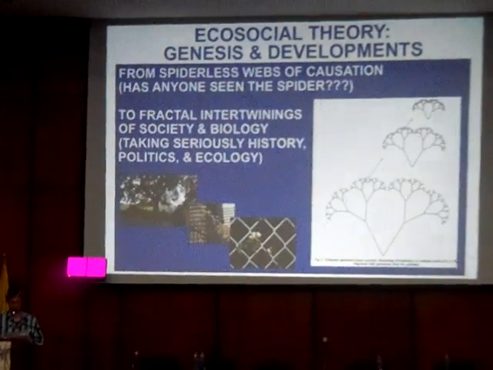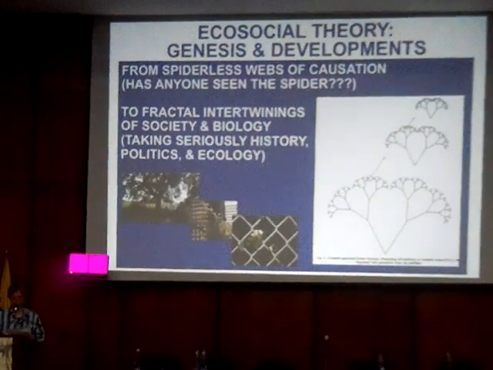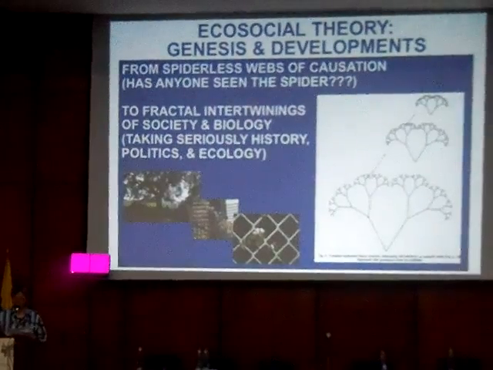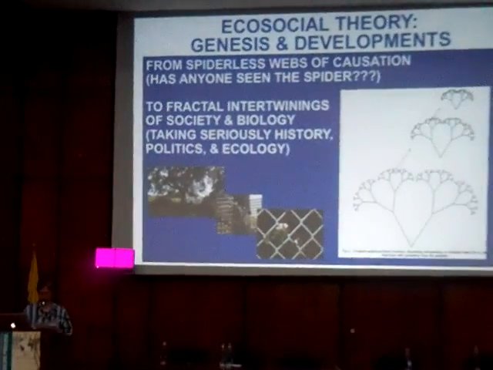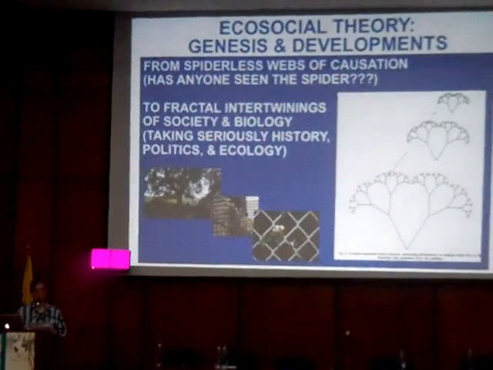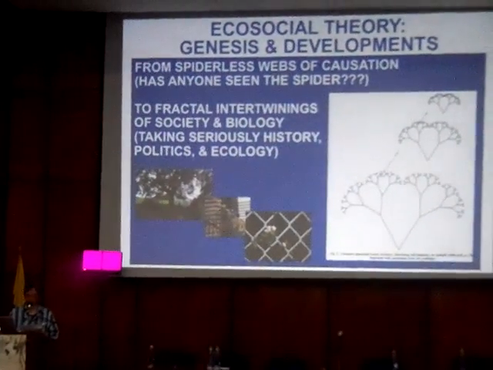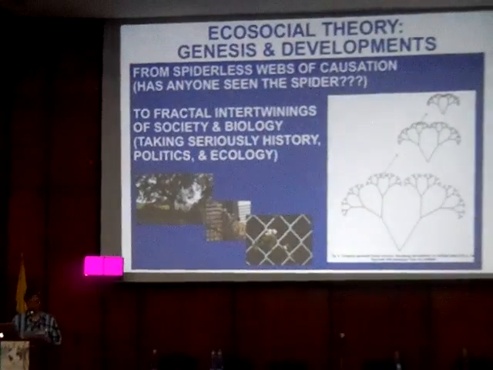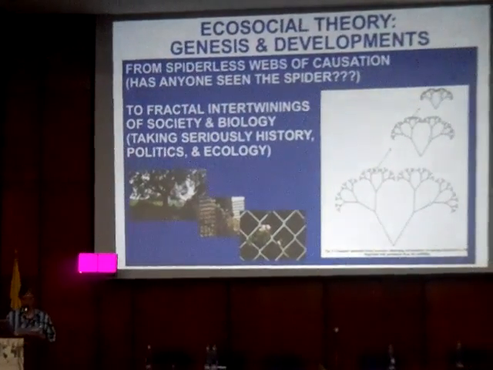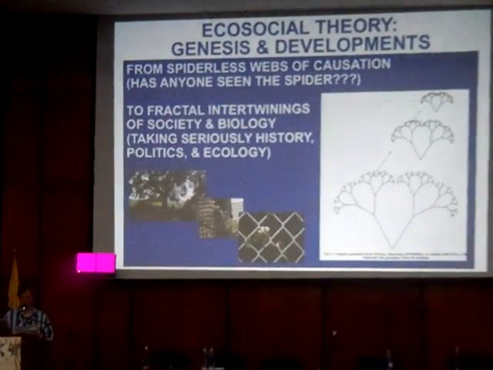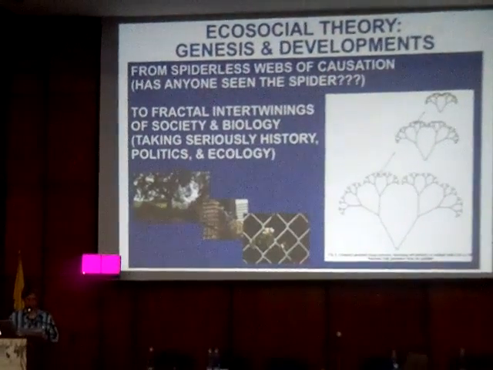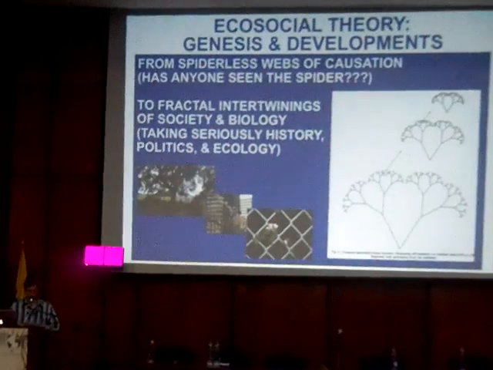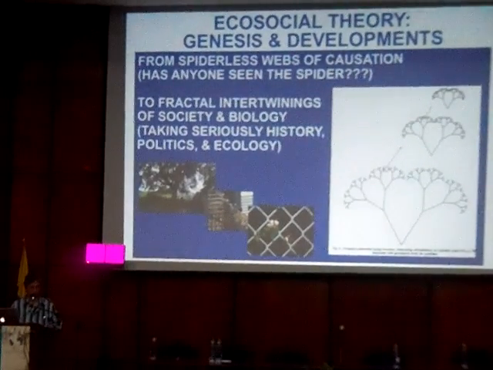The metaphor of the spiderless web of causation set thoughts in motion, and I soon worked my way beyond thinking just about spiders to thinking about how to take seriously the fractal intertwining of the societal and biological at each and every level, from macro to micro. Hence the proposed metaphor used by ecosocial theory of the tree or bush of life jointly intertwined with the scaffolding of society, one constantly built up and altered and contested and developed by people in ways that can permit the biological either to wilt or to flourish, which in turn has implications for the sorts of societies people build.